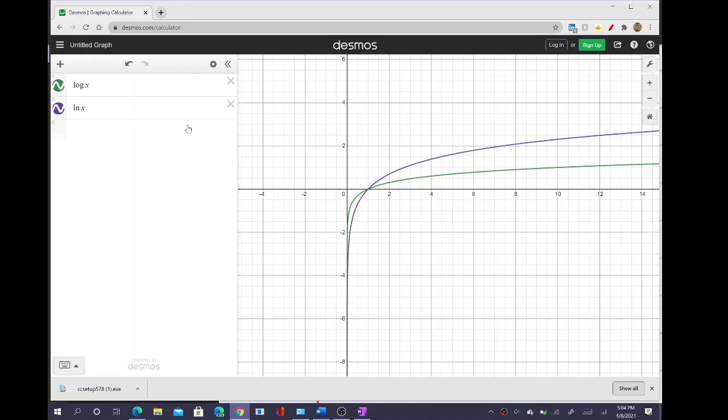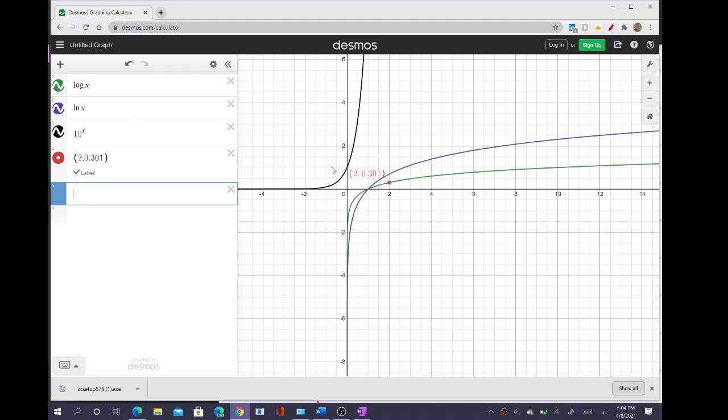If we do 10 to the x, let me just go ahead and do a point. So 2, 0.301, that is right here, and we're going to label it.